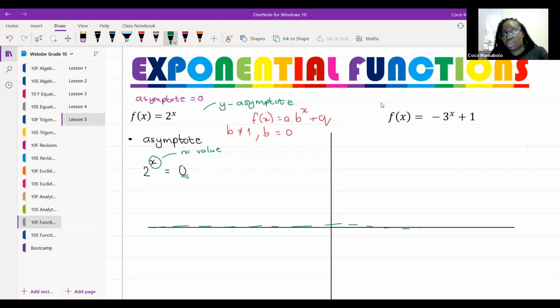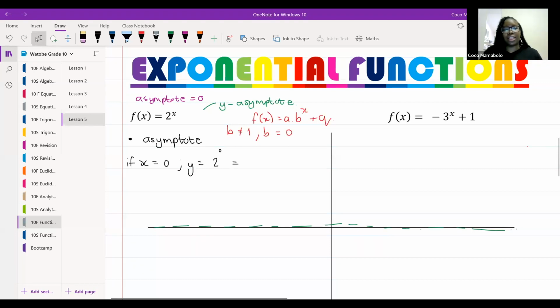For an exponential graph, the only thing I need to do is consider one point. We're going to look at if x is equal to 0. So if x is equal to 0, I'm going to get that y is equal to 2 to the power of 0. What is 2 to the power of 0, guys?